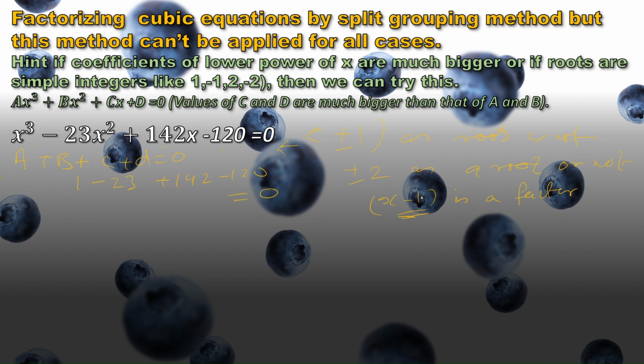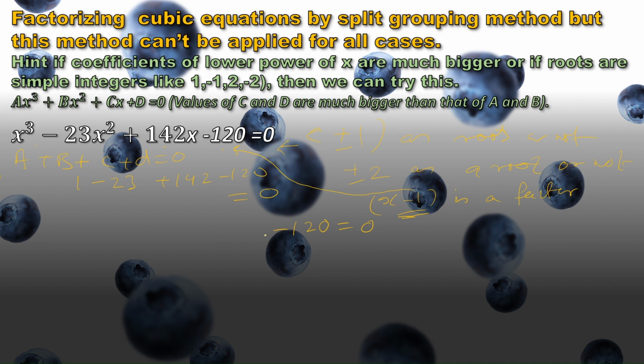In x minus 1, this minus 1 should be equivalent to this minus 120. So when 120 is taken as common, it will become minus 1. I will write 120 as it is, and I have to make minus 120 into a minus 1.